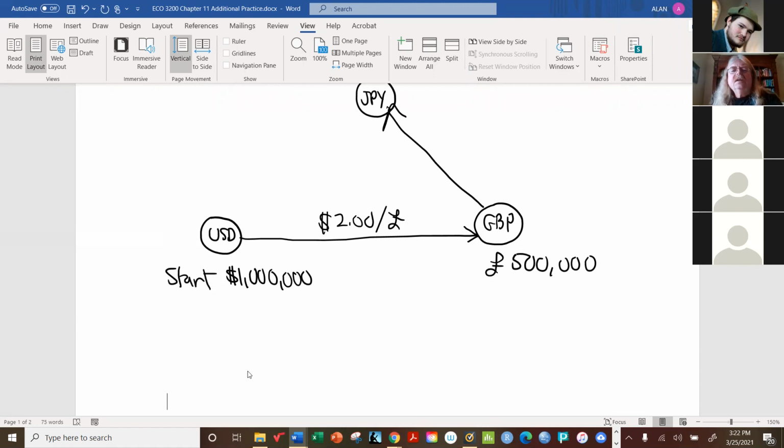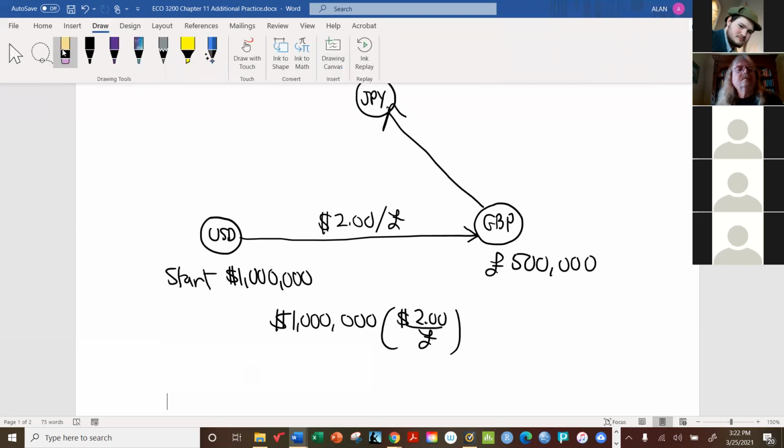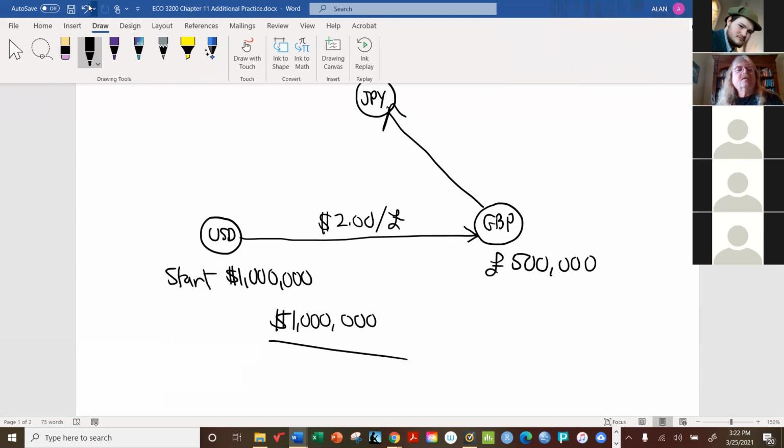So how can you tell? Well, you have to line up the units. If I multiply these together, look what happens. The units don't cancel out. I've got to have just pounds when I'm done here. So why don't I try this instead? Whoops, $2 per pound in the denominator will do the trick, because look what happens.